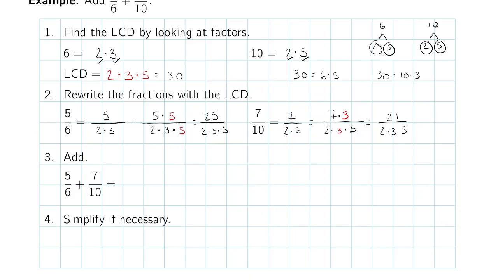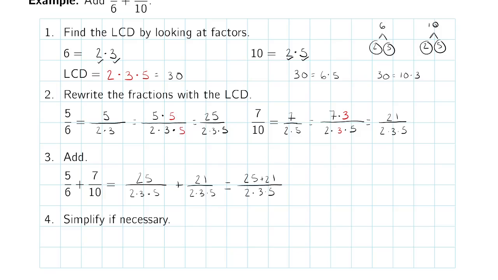So 5/6, that's 25 over 2 times 3 times 5, plus 7/10, that's 21 over 2 times 3 times 5, equals 25 plus 21 over 2 times 3 times 5.